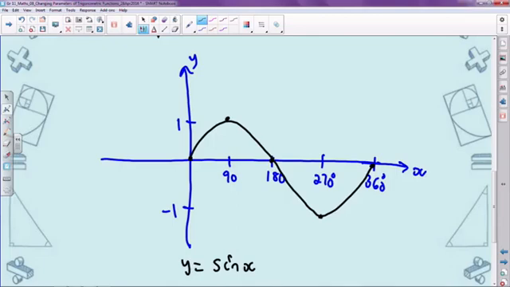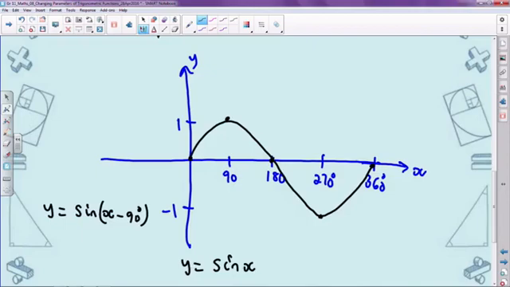Now, if I give you y equals sine of (x minus 90 degrees), where do you think it's shifting? Is it to the left or to the right? Okay, good. If it is minus, it's moving 90 units to the right.